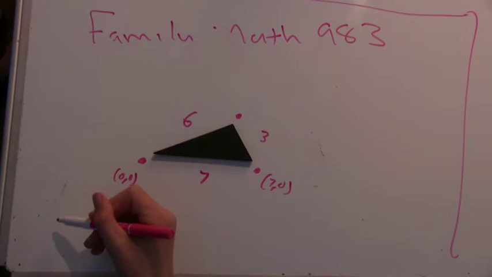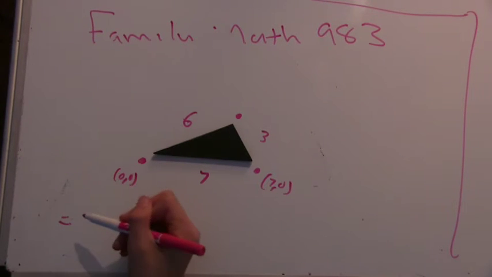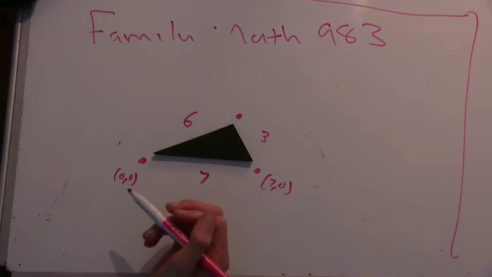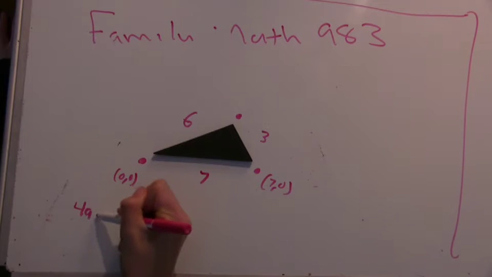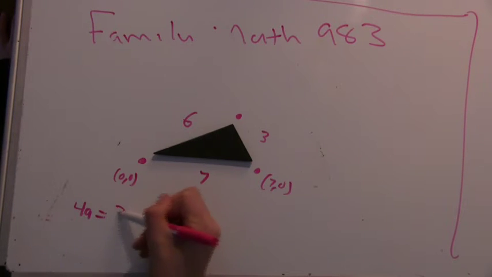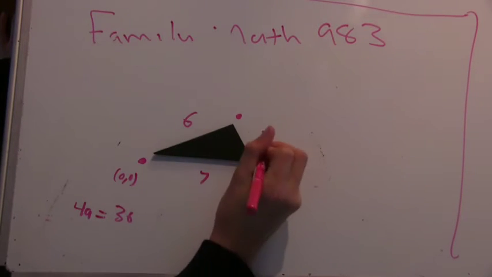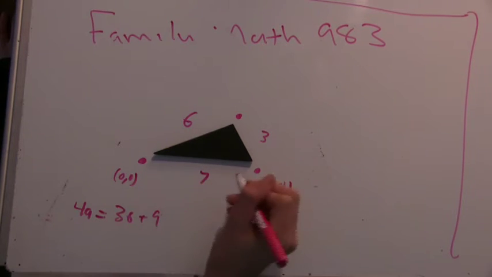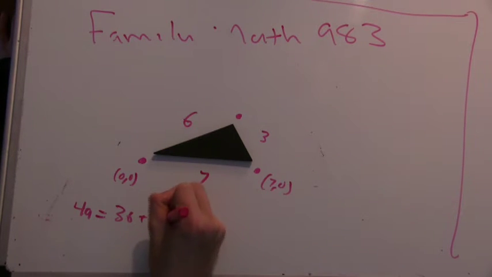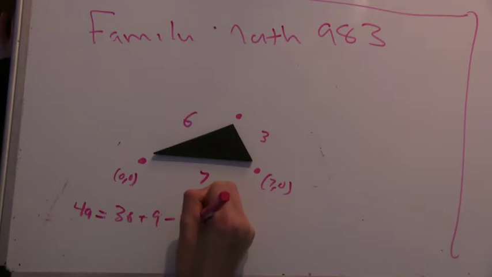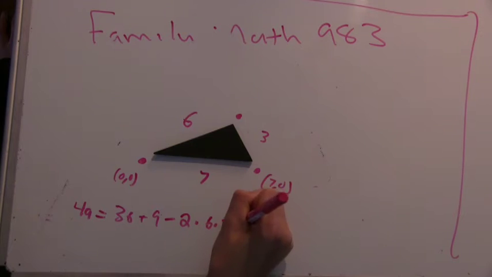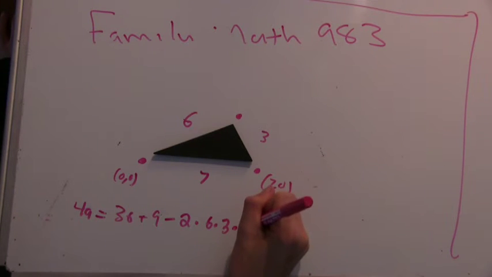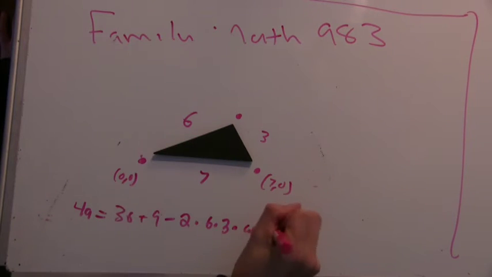So we can say this side is 7 squared, so 49 equals 6 squared, 36, plus 3 squared, which is 9, minus 2 times 6 times 3 times cosine of this angle.